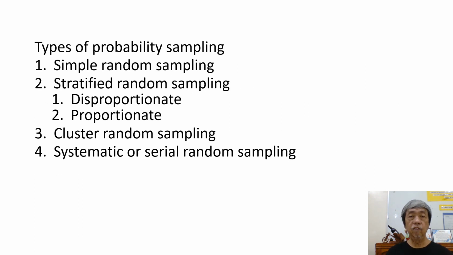These are the types of probability sampling. One is simple random sampling. Next is stratified random sampling, which could be disproportionate or proportionate. Third is cluster random sampling. And fourth is systematic or serial random sampling.